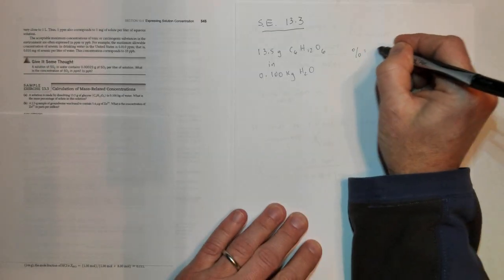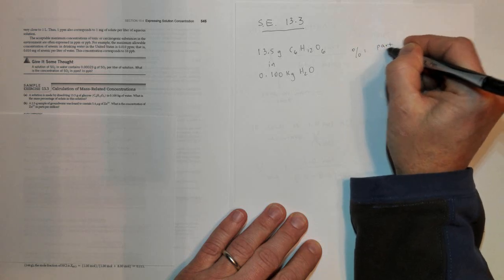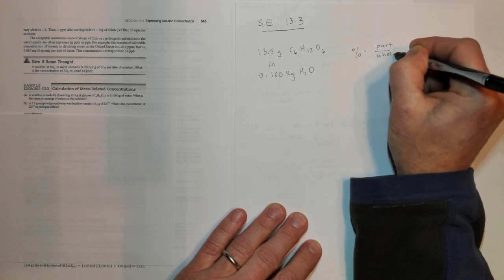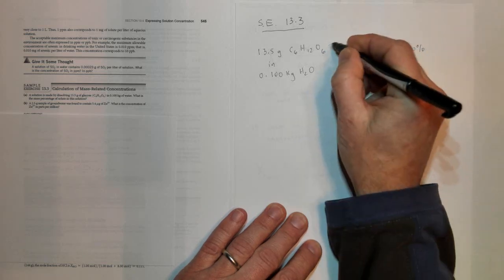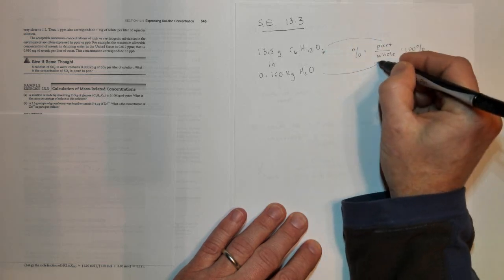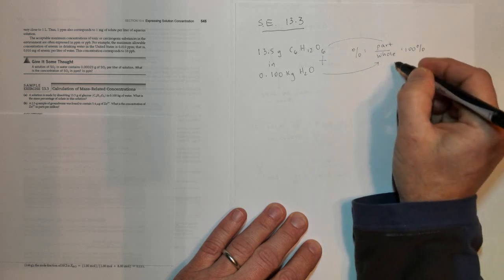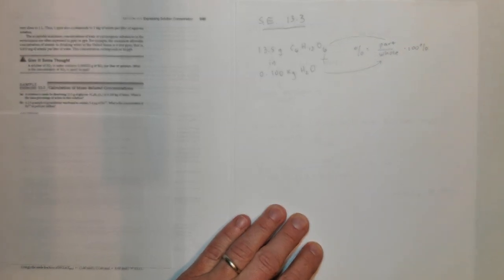Remember, mass percent is always equal to part divided by whole times 100%. And what we need to do is make sure that the part and the whole thing, these two added together, are in the same set of units, so the units cancel.